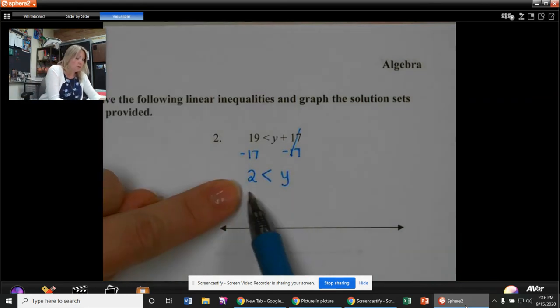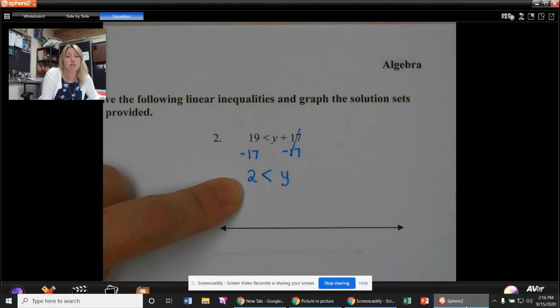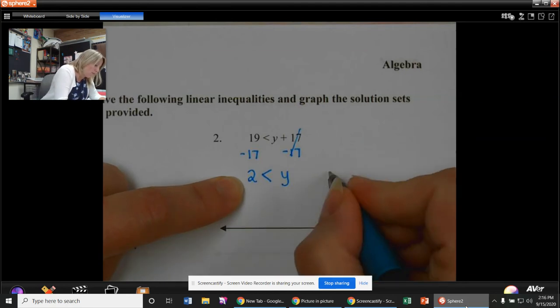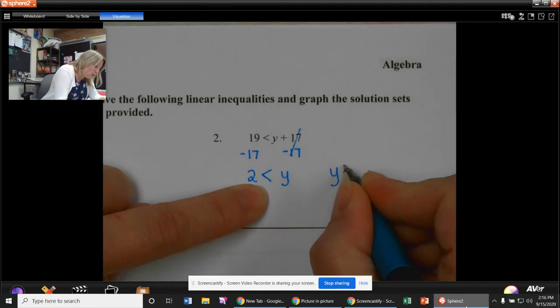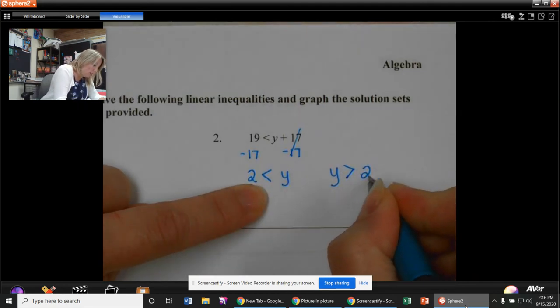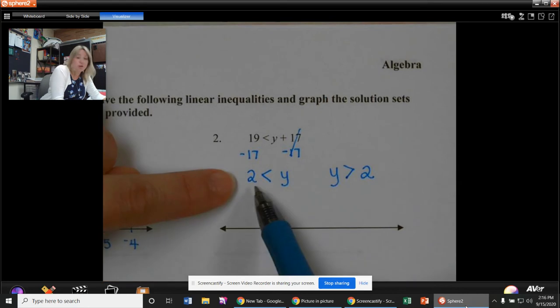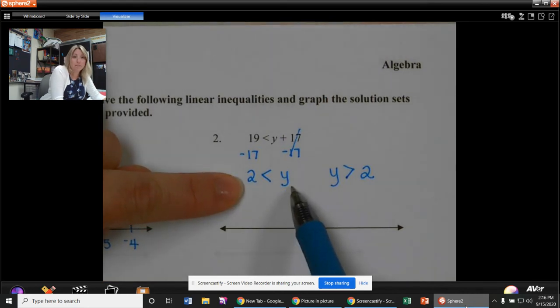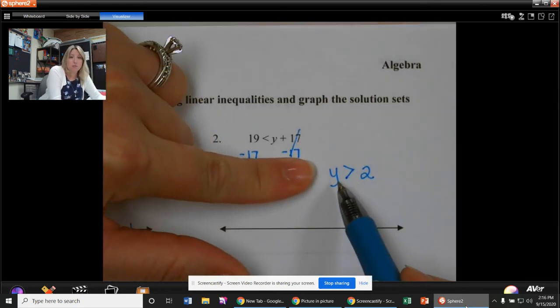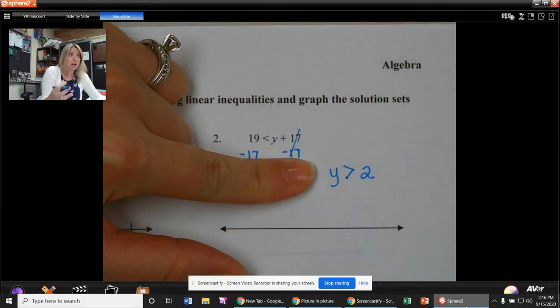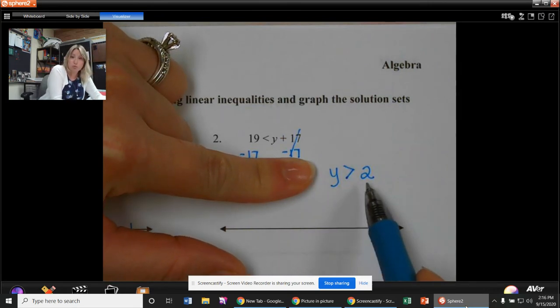So since my variable is alone, I'm technically done with this problem. All I'm going to do is flip everything around so that I read the y first. Notice the mouth of the inequality sign was facing the y, and the number had the arrow end to it. So instead of reading it as 2 is less than y, I'm going to read it as something that makes a little more sense in my brain. y is greater than 2.